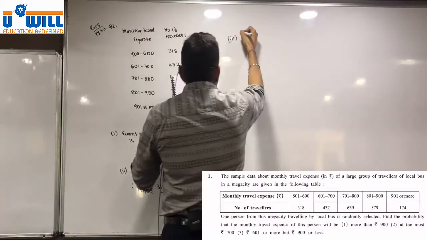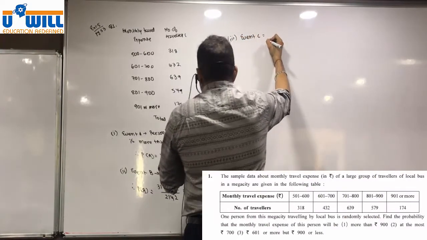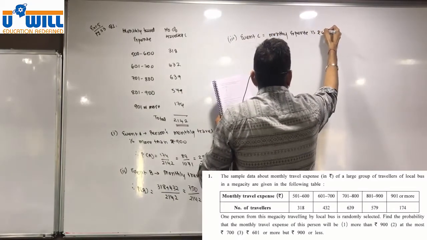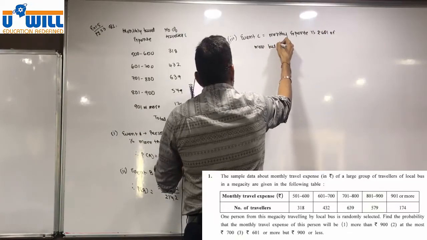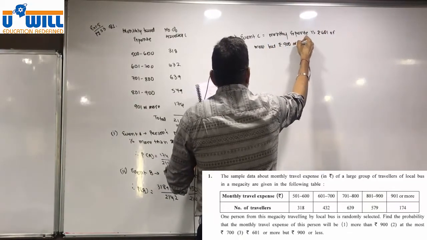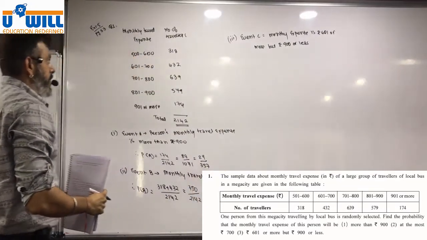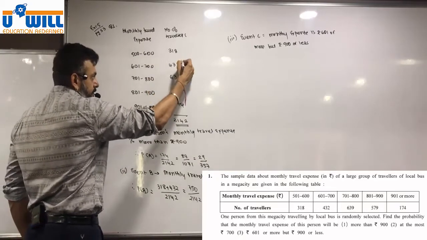Third, event C is equal to monthly expense is rupees 601 or more, but rupees 900 or less. 601 but 900 or less. Can I say all the three?